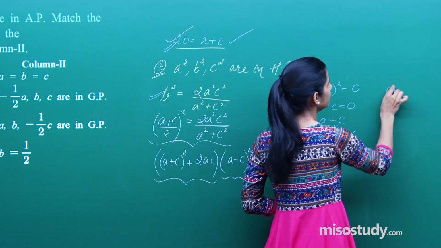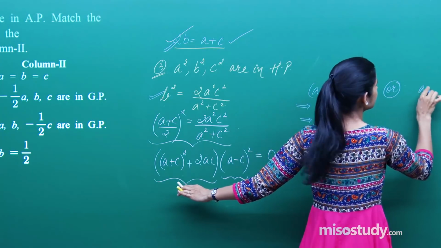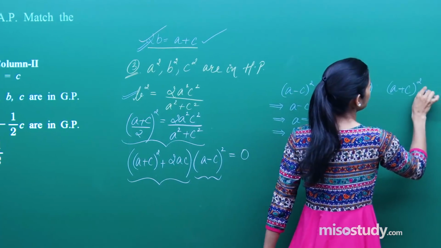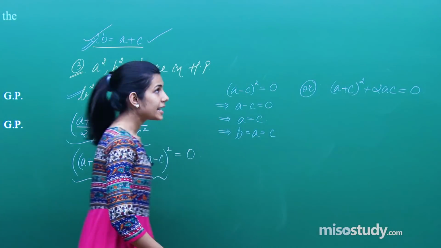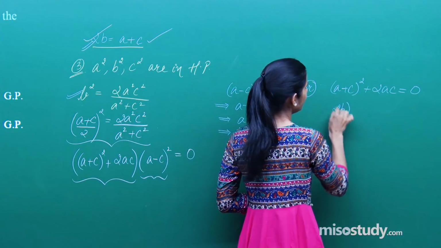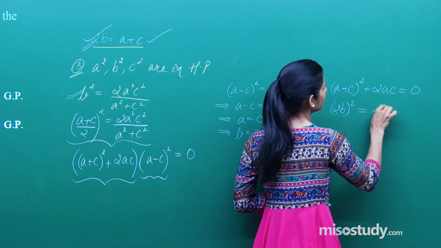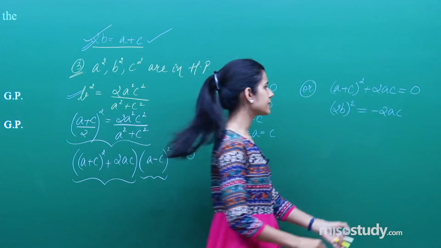Or, the other case: this is 0, that means A plus C whole square plus 2AC is 0. But A plus C is same as 2B. So, that is 2B whole square is equal to minus 2AC. I can write it like this by shifting 2AC to the right hand side.